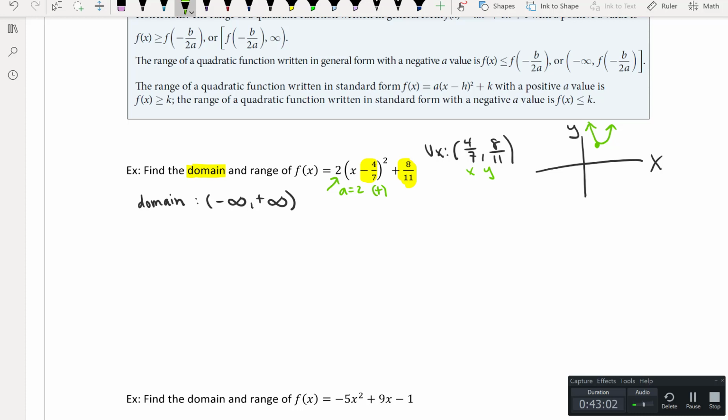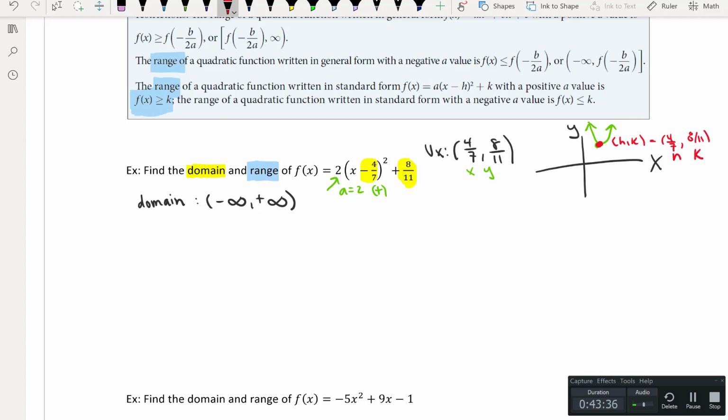Now, if I look at my range value, that's something I have to pay attention to. My range is always going to be, remember, the y values, and it's always going to be bigger than the k value. So let's think about this vertex: I have h, comma k, which is the 4/7 and the 8/11.